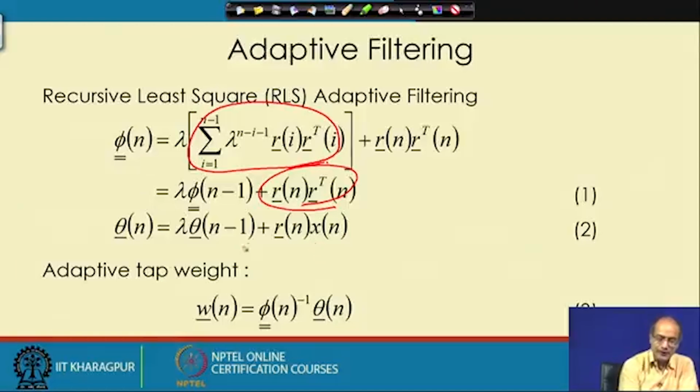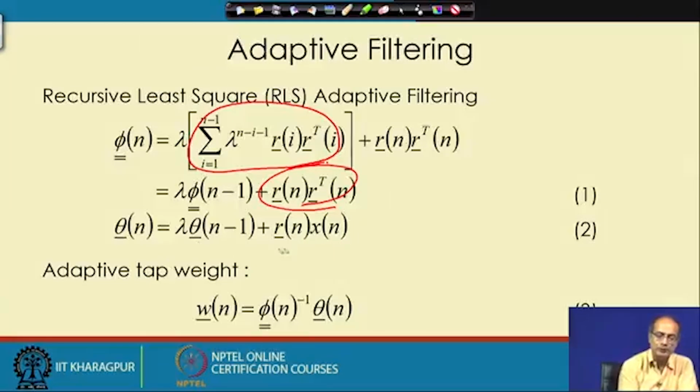In a very similar way, we can get an update equation for theta n, where we can compute it from theta n minus 1 and the cross term between the reference input vector and the observed present value x n. So what we get is that we reduce the burden in computing.